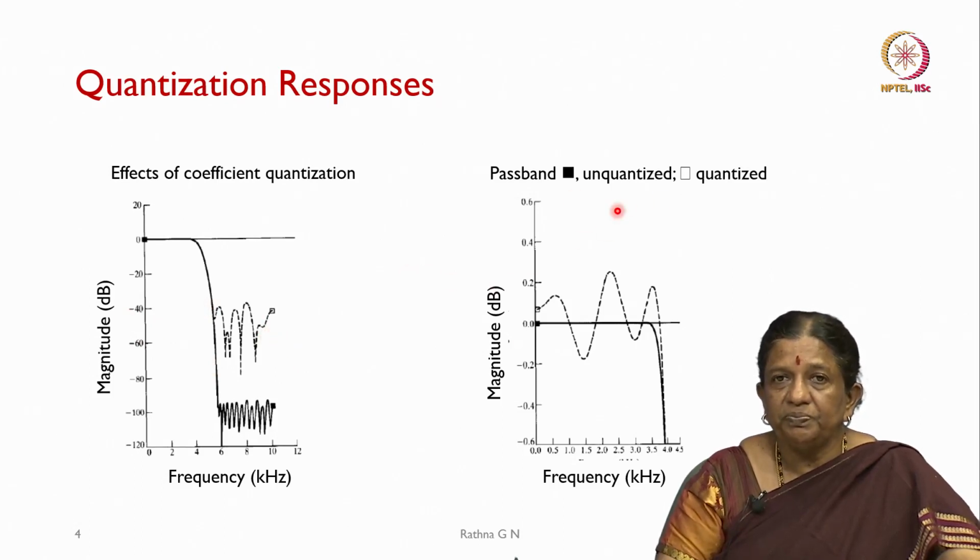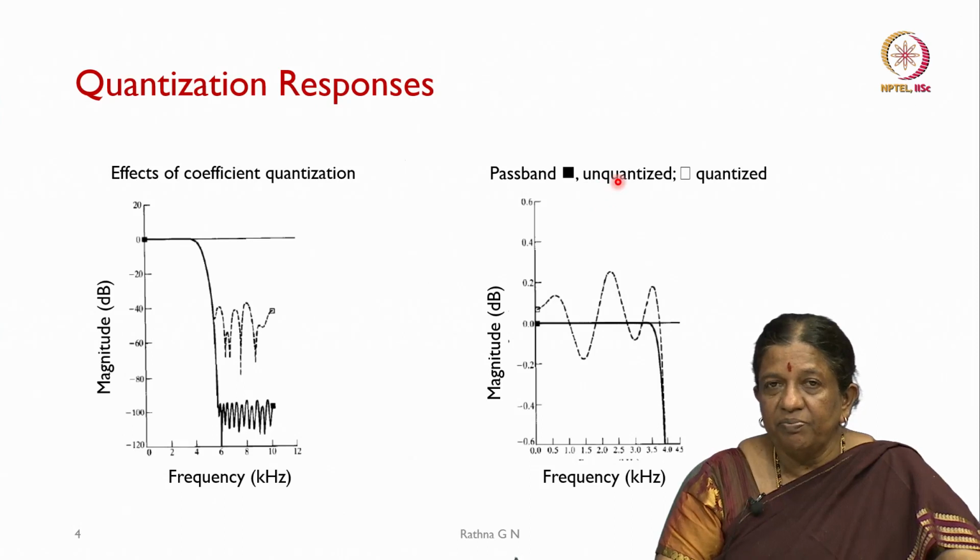Coming to this, this is the passband region that has been taken. You will see how it is represented. This is in terms of magnitude and this is frequency in kilohertz. The black one shows the unquantized response and the dotted lines show the quantized one.